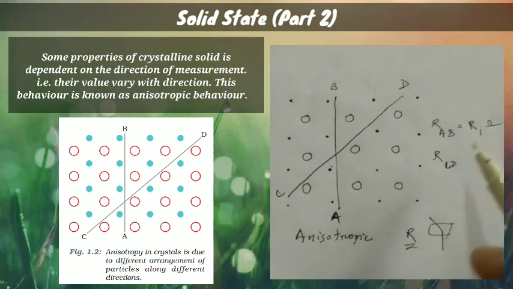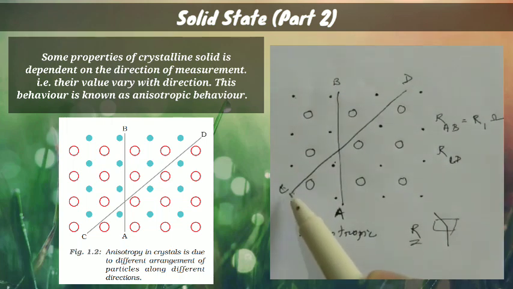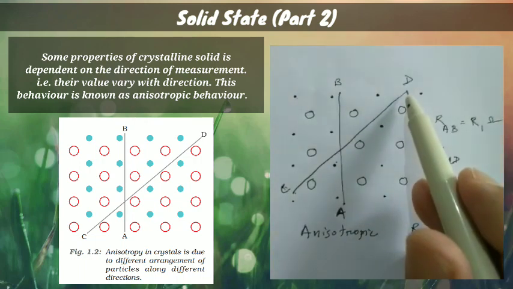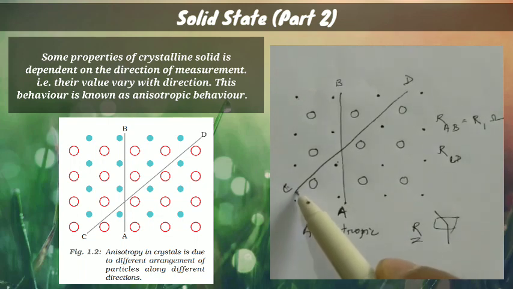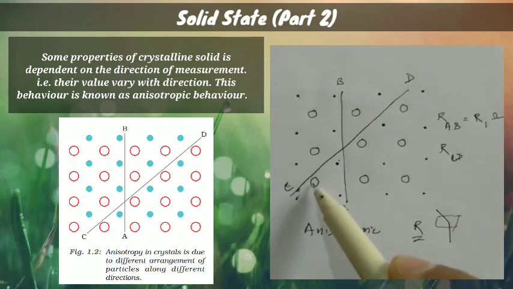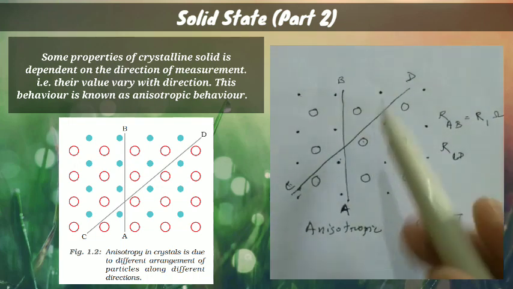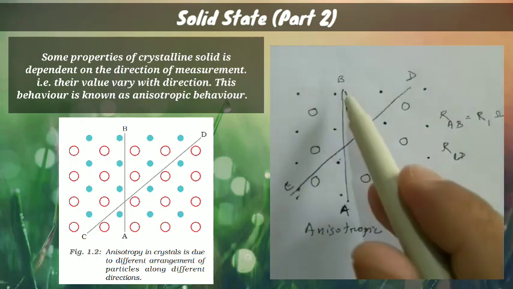Why? Because if the electron goes from A to B, it experiences resistance only from the small particles.